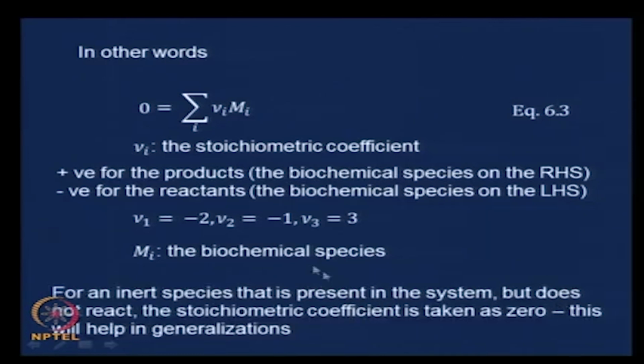Although we will not look at this in great detail, it is good to state it here: for an inert species that is present in the system but does not react, the stoichiometric coefficient is taken as 0. Keep this in mind and use it whenever necessary, as it makes things a lot more general.